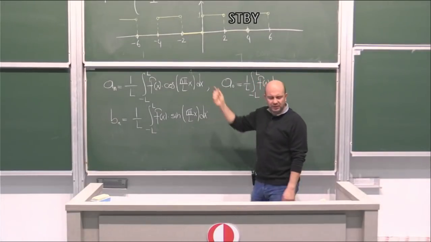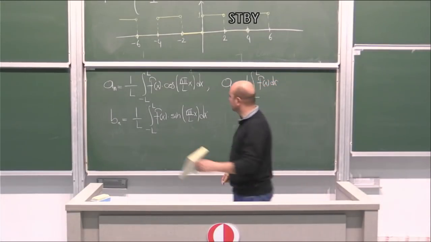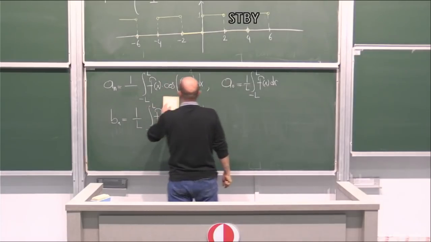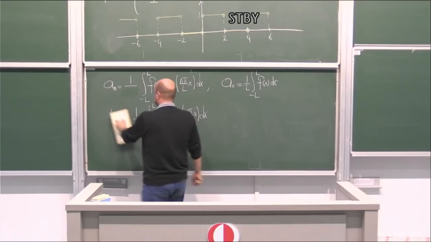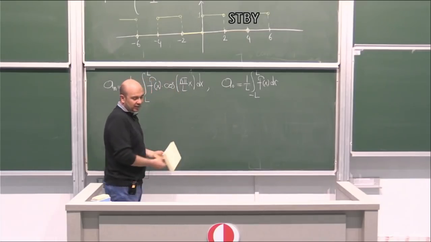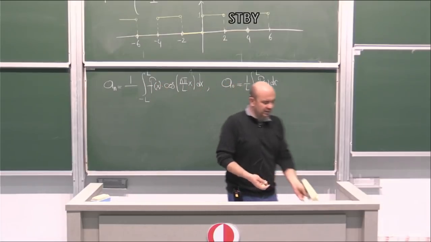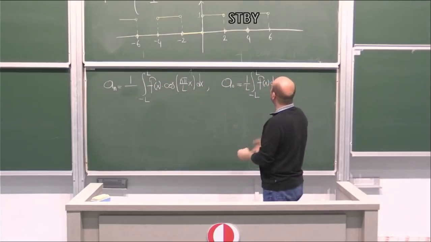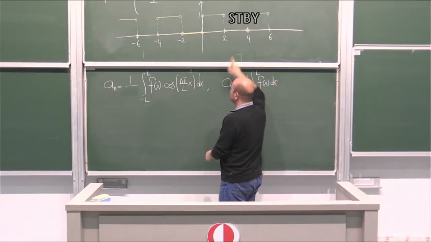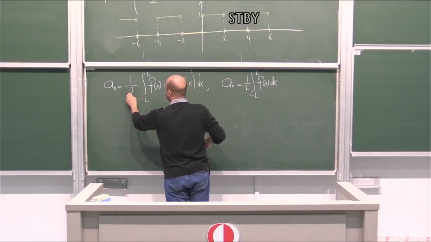So we'll start with a_n. I will be lazy and use this formula here. What is L here? As you know, 2L is our period, so L is just half of it. Our period is 4, so L will be 2.